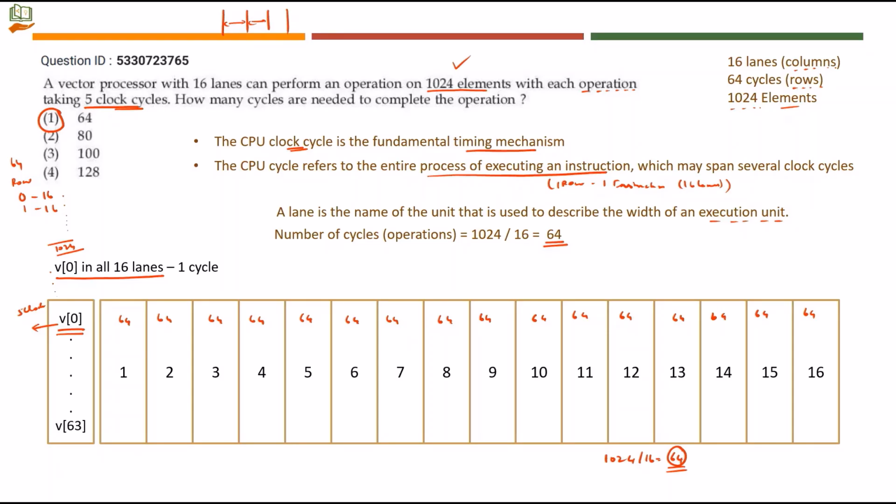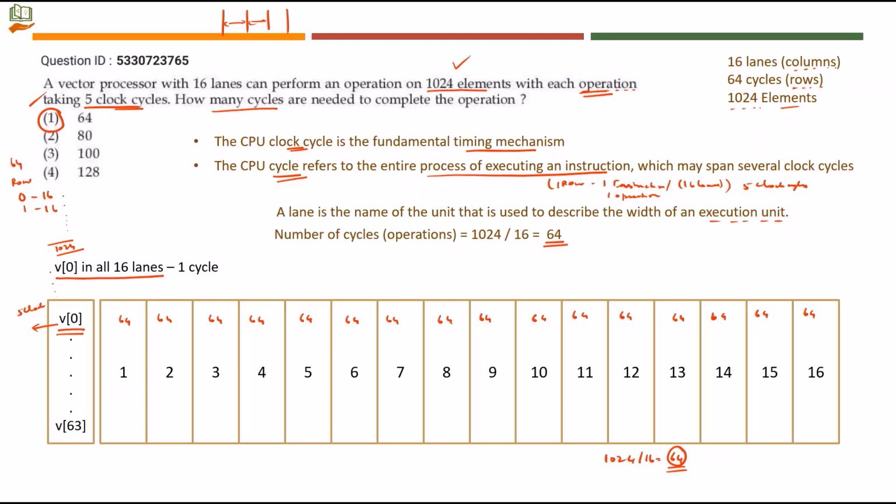This may span several clock cycles. So this one instruction can be equated to one operation, and this one row executes in 5 clock cycles as per the question. Here a cycle is nothing but the process of executing an instruction, the operation they have asked. So this question is clearly asking for the number of cycles, the number of operations.